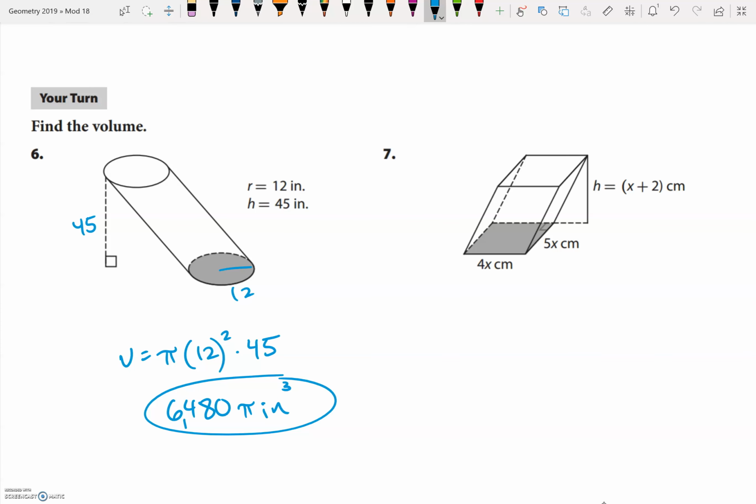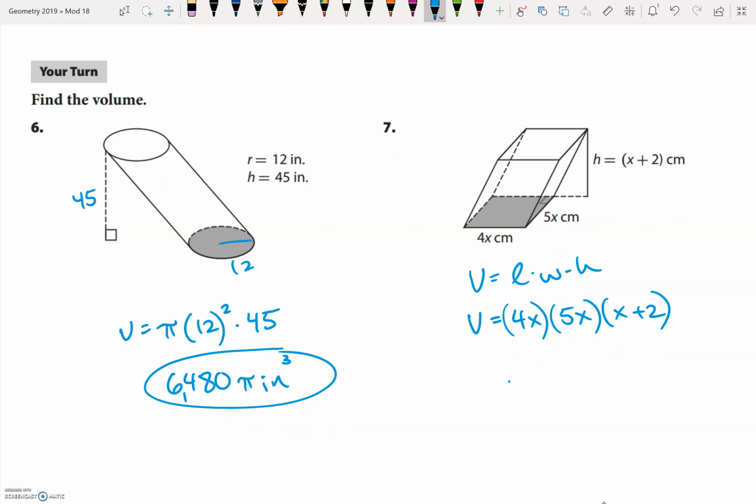And then for this one here, it looks like we have a rectangular prism. So our volume is going to be length times width times height. So our volume is 4x times 5x times x plus 2, and we're going to simplify that.